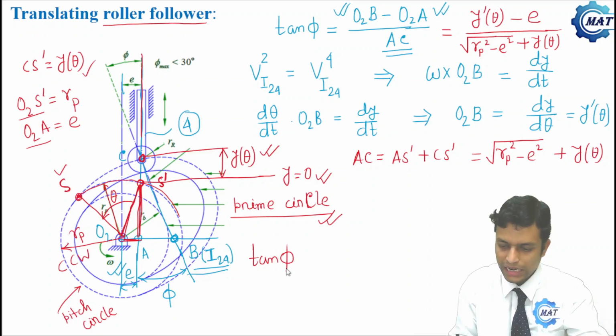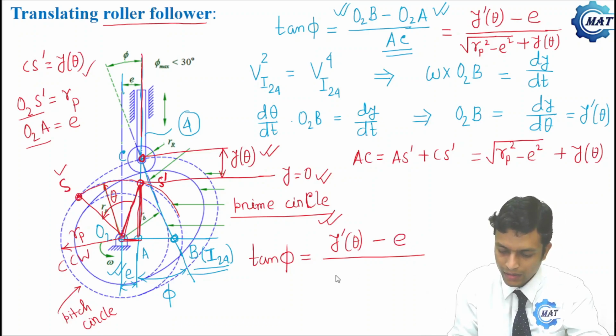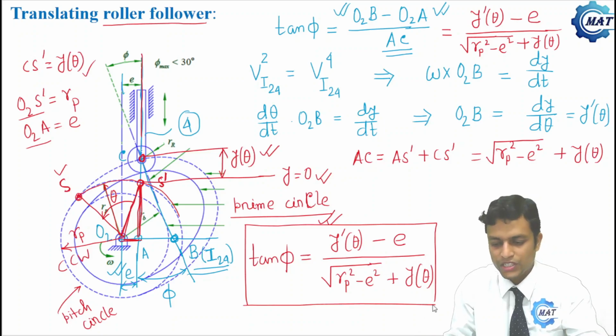Please note it: tan of phi is equal to y prime theta minus E divided by root over RP square minus E square plus y of theta. So this is the expression of pressure angle.